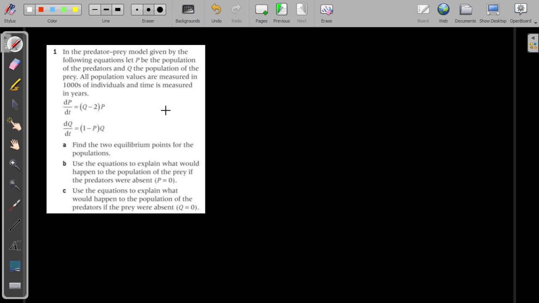Then I will use my first equation, dP over dt equals, this is 0, so it will be minus 2P. And let me again separate my variables, dP over P equals minus 2 dt. Let me now integrate both parts.